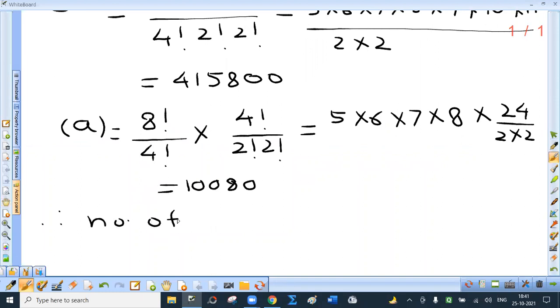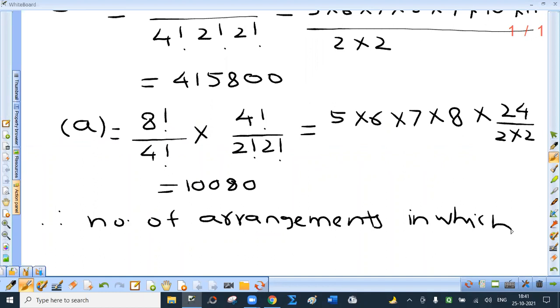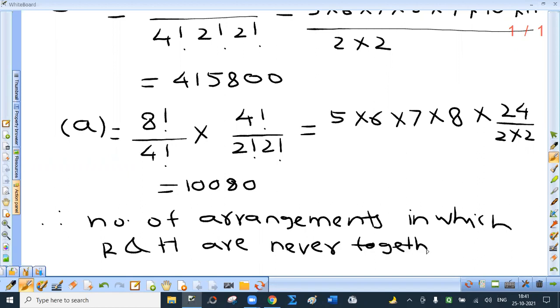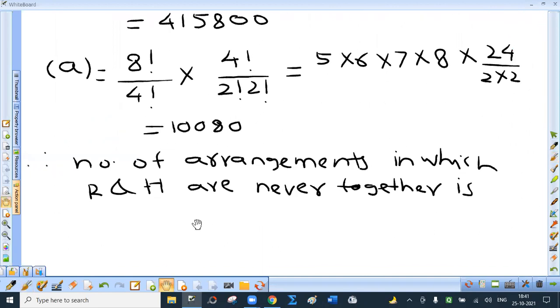Therefore, number of arrangements in which R and H are never together will be what?